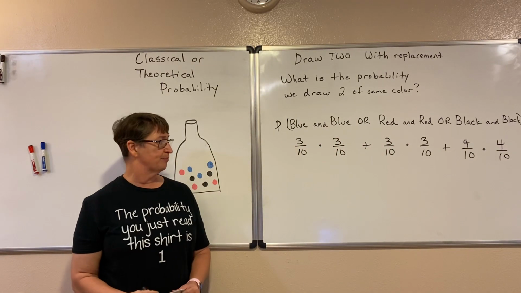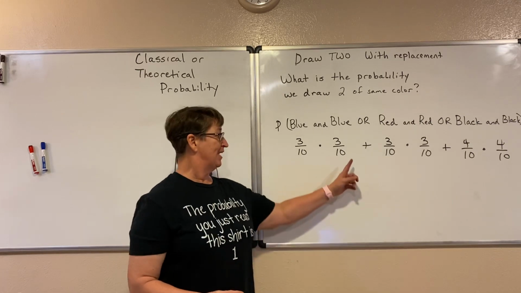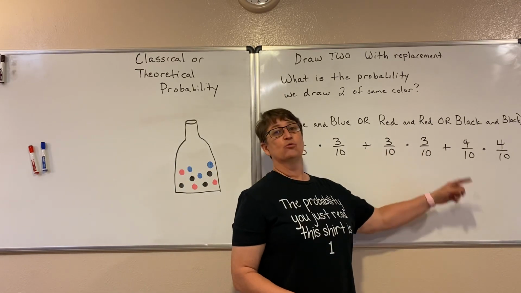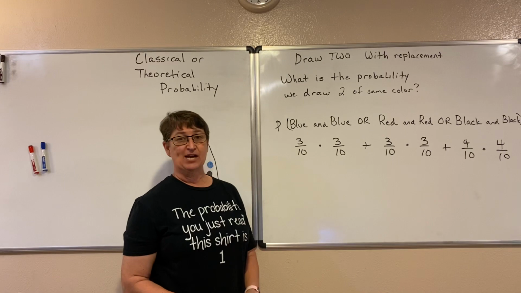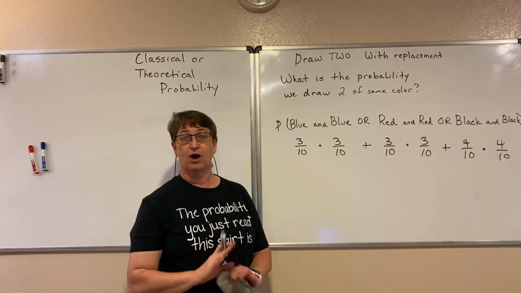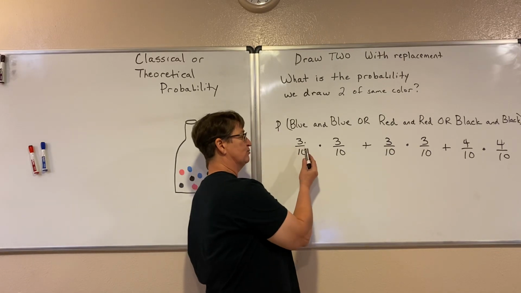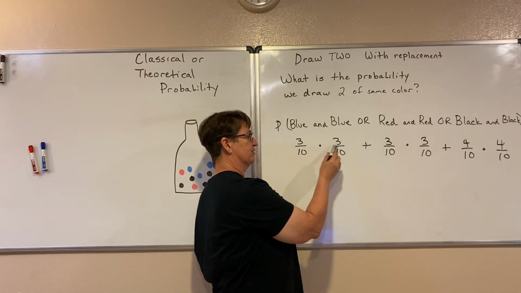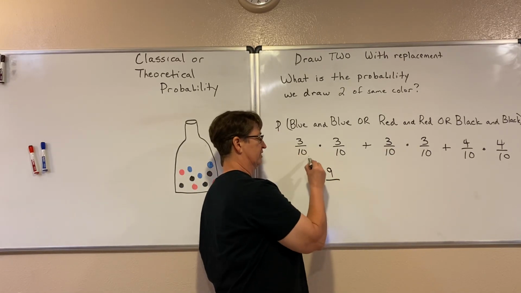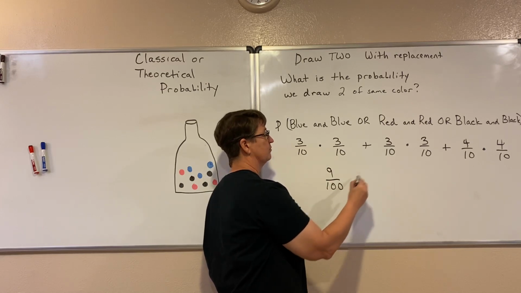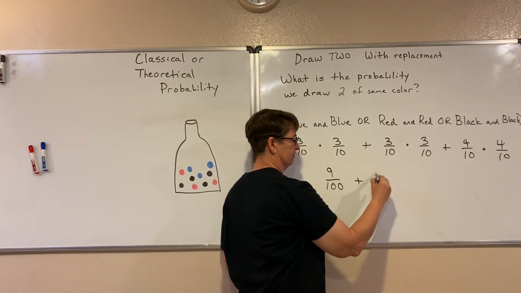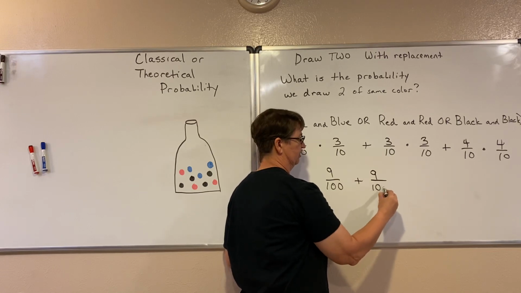Now, again, I'm going to have to add with the fractions, and anytime I'm adding fractions, I'm going to have a common denominator. So I'm going to wait to simplify until the very end, anytime I'm adding. So I'm just going to multiply each one. So 3 times 3 is 9. 10 times 10 is 100. Plus 3 times 3 is 9. 10 times 10 is 100.